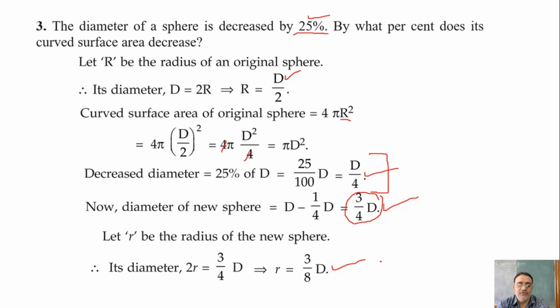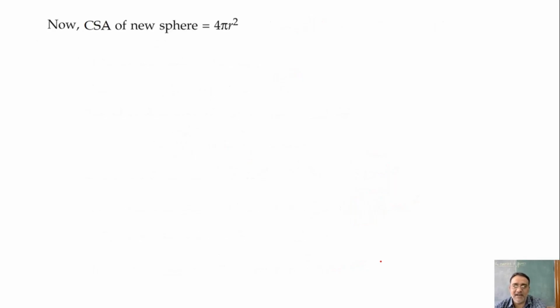Okay. So now we are going to find curved surface area of new sphere, that is 4 pi r square. Substitute the value of small r. यहाँ पे small r substitute करेंगे. Small r कितना आया था? 3/8 d square. So 3/8 कितना होगा? 3/8 का whole square 9 by 64 d square. ओके. सो यहाँ पे 64 हम लोग 4 से कैंसिल कर सकते हैं, 16 मिलेगा.